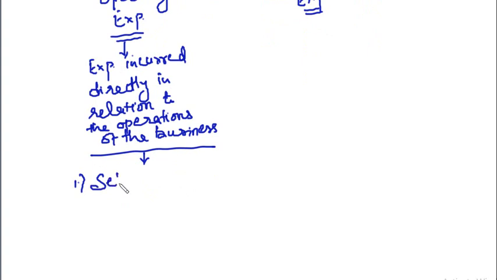Selling and distribution expenses. Now these expenses are directly related to the operations of the business, because if you will not incur the expenses on selling your product, then your sales might be lower than expected.